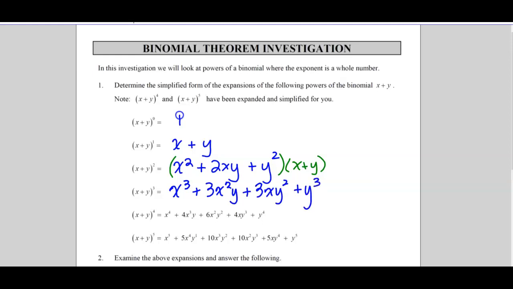Okay, so you can kind of do that in your head. So x squared times x is x cubed, x squared times y is x squared y, and then you get an x squared y from this, so it's 3x squared y. And you get 2xy squared plus xy squared is 3xy squared, and then the last term. So I'm just going to go back and erase this.